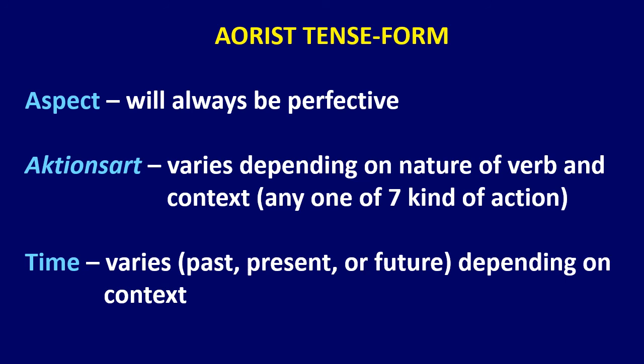Is it a verb that is more continuous by its nature, like meno, which means I abide, or remain? Or is it something that's more punctiliar, if you wish, the verb for I hit, or I die, or I was crucified, something like that. That tends to be more of a one-time event.